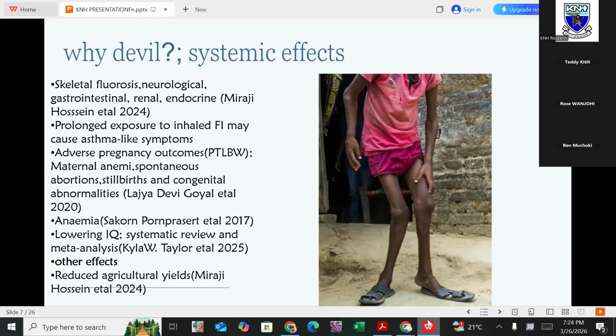For example, when you have high intake of fluoride, it usually forms hydrofluoric acid that leads to mucosal damage. It can also lead to an imbalance in the gut microbiota. And also, a lot of research has shown that there are gastroduodenal manifestations in patients with skeletal fluorosis.